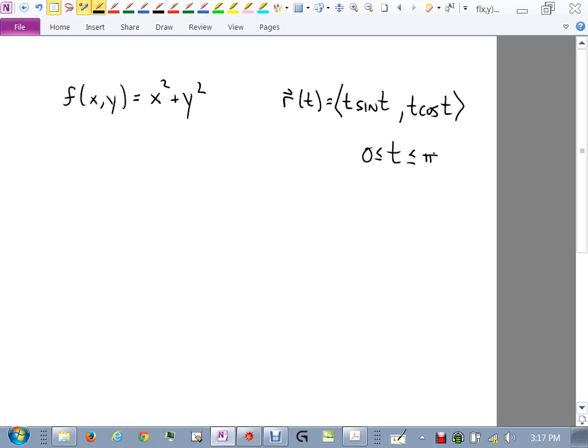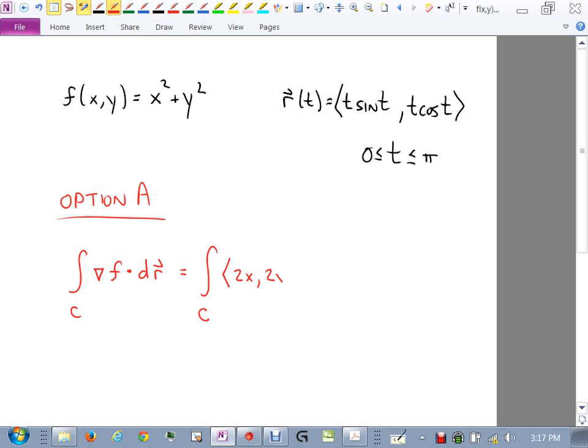Now, let's try and make sense out of what this theorem is saying. Here's one option. Option A. If we're trying to find this, I could just figure out what the gradient of f is. What is the gradient of f? 2x, 2y.